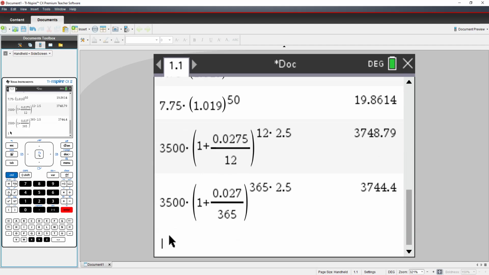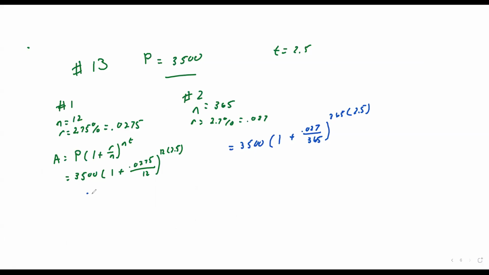So we can actually see that the better bank is the one at 2.75% compound monthly. So this will be our winner. So this was $3,748.79, where this was $3,744.40.